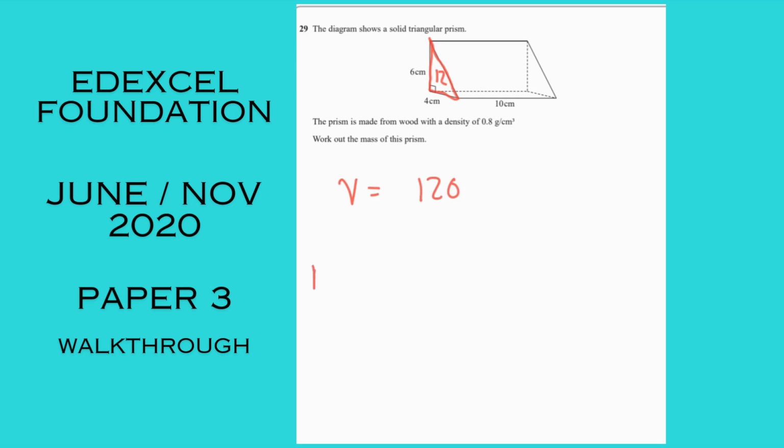And as we all know, from density, mass, volume triangle, mass is density times volume. So mass equals density is 0.8 times volume, which we've just worked out, giving you 96 grams.